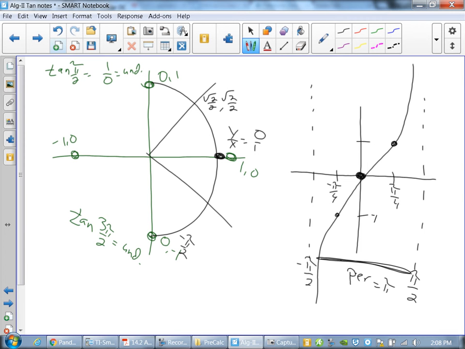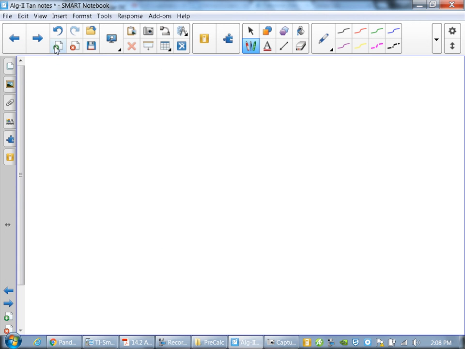Yep. So when we're dealing with tangent graphs, we have a very easy setup. We have y equals A tangent B of x, where this value of A, we're going to call the amplitude. It's technically not an amplitude. An amplitude is either a max or a min.